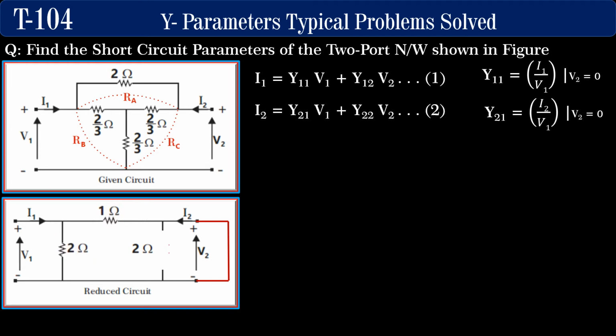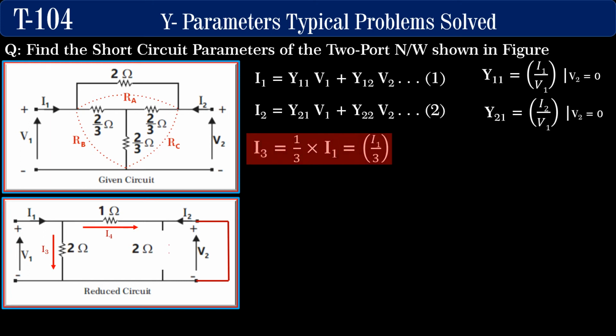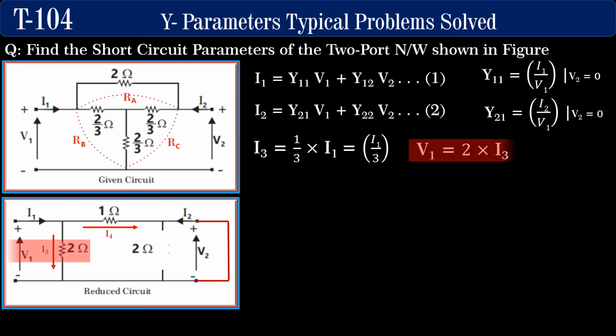Let current flowing through 2 ohm be I3 and current flowing through 1 ohm be I4, and we shall apply the parallel branch theorem or current division theorem to find I3 and I4. So, I3 is equal to 1 divided by (2 plus 1) into I1, and that is equal to I1 divided by 3. But you know V1 is equal to 2 times I3.